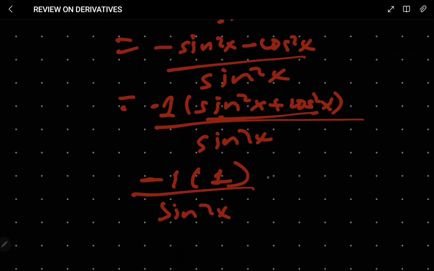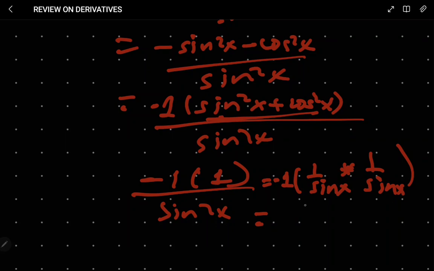This is the same as minus 1 times 1 over sine x times 1 over sine x. Now 1 over sine x is cosec x, the reciprocal of sine, which is cosecant. So it is minus 1 times cosec x times cosec x.